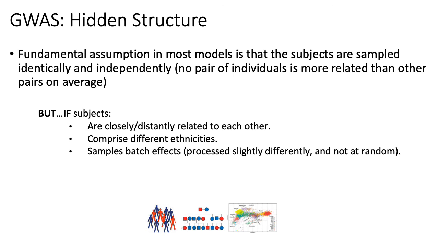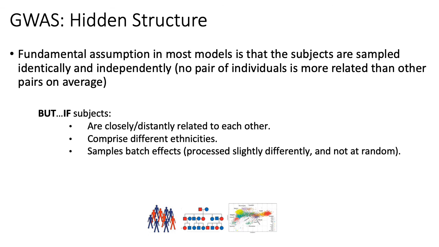This assumption is broken when you have studies in which there are families within your cohorts, or broadly speaking, different representations of different ethnicities. Those are biological reasons why this assumption that people are IID, or independent and identically distributed, can break. It can also break if you have what's called batch effects.